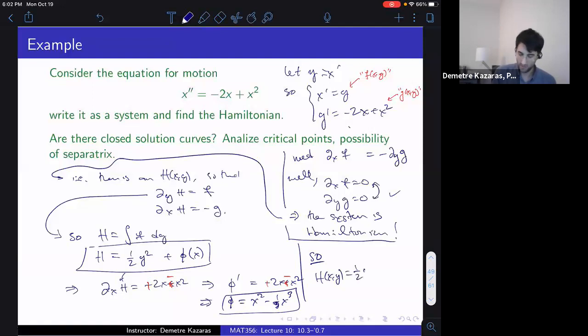So we got 1/2 y squared. Then we get plus x squared minus 1/3 x cubed. Very good. So we have, first of all, determined that our system had a Hamiltonian, and then we figured out what it was.